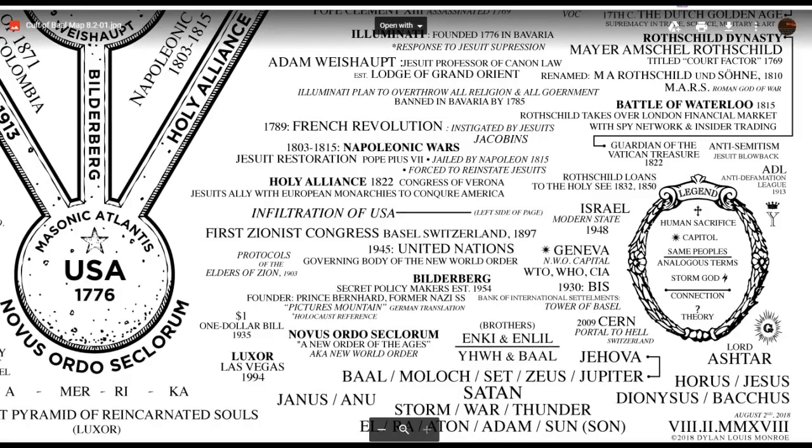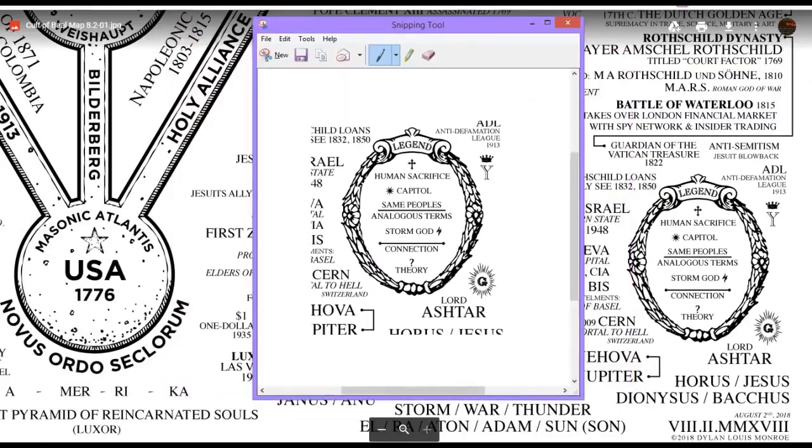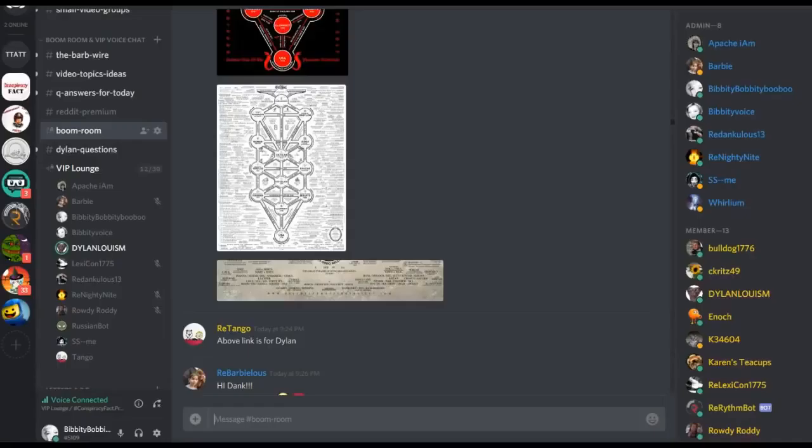Now, if you see two terms with a line in between them, one on top of the other, that means they're two terms for the same thing, or the same people with two different names, or the same people that existed in two different locations. Then a little lightning bolt represents a storm god.